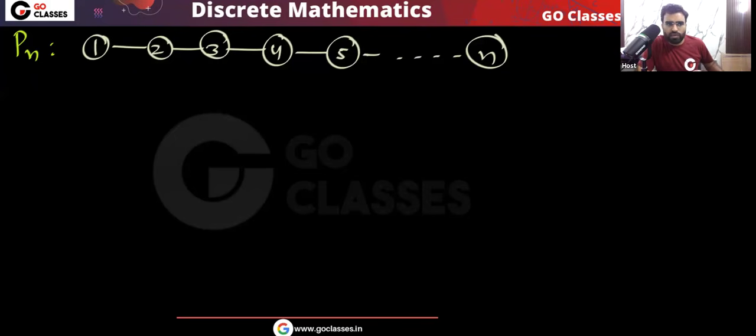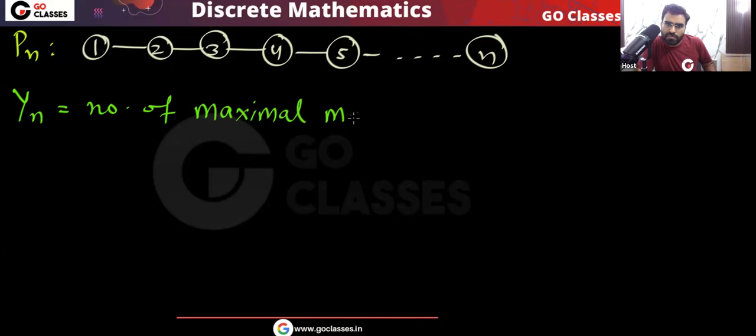Now, let's find the number of maximal matchings. And I will show you the difference between thinking recursively for matching and thinking recursively for maximal matching. There is a difference. So let's assume that yn is the number of maximal matchings in Pn.